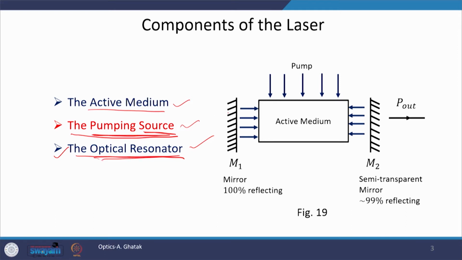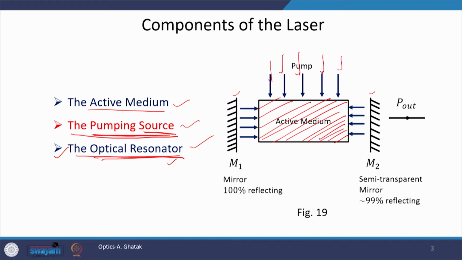The simplest example of an optical resonator is two plane parallel mirrors, as shown here in this figure. Here you see that this region is the active medium, where our atoms, molecules or ions are sitting, and then we pump it externally.